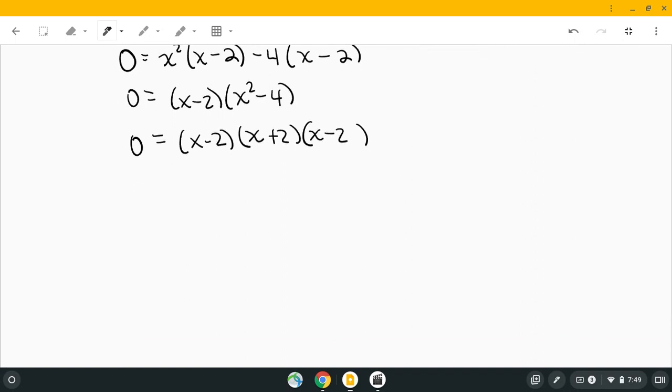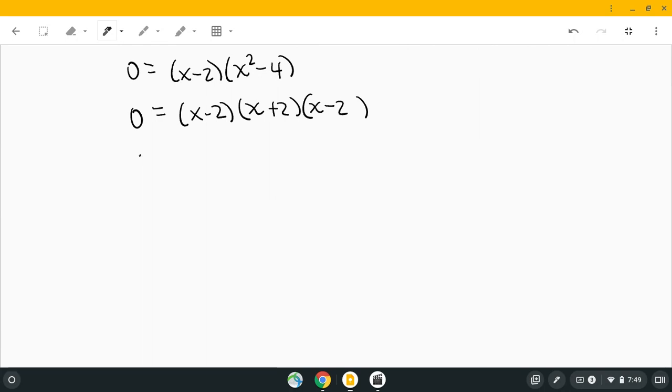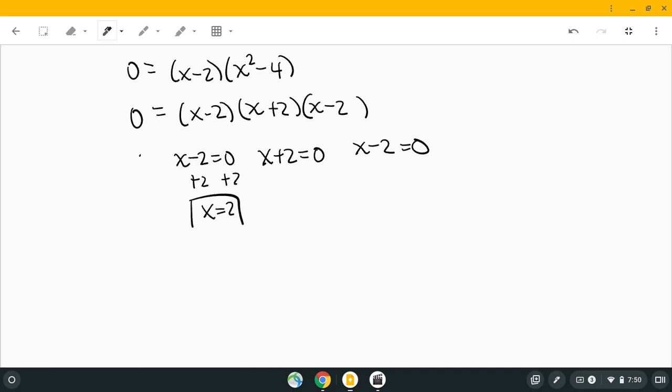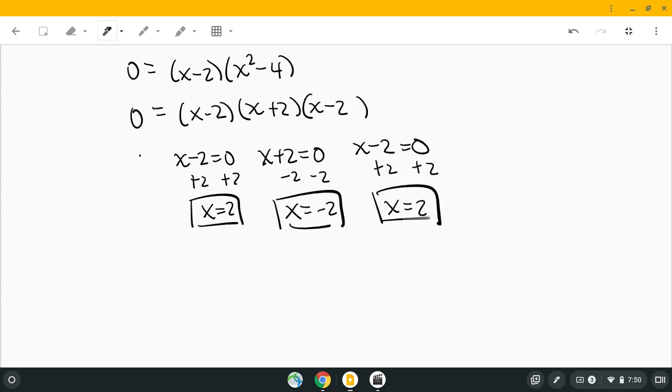So we have here x minus 2 equals 0, x plus 2 equals 0, x minus 2 equals 0. So add 2, x equals 2. Minus 2, x equals negative 2, and then over here, x equals 2. Aha, but here it is again. Right there, we have a double 0.